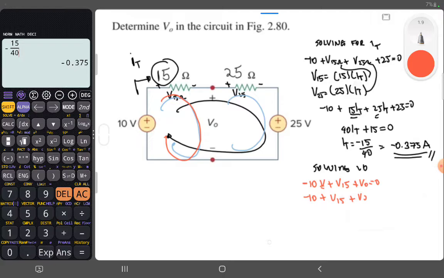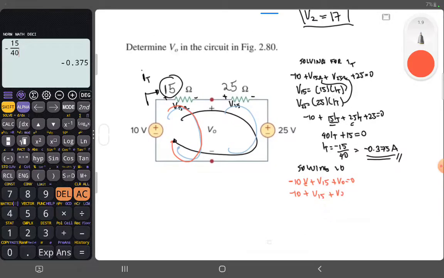So, ano yung V15 natin? So, V15 is simply equal to 15 multiplied by negative 0.375. Right? So, from here, I will have negative 10 plus 15 multiplied by negative 0.375 plus VO.